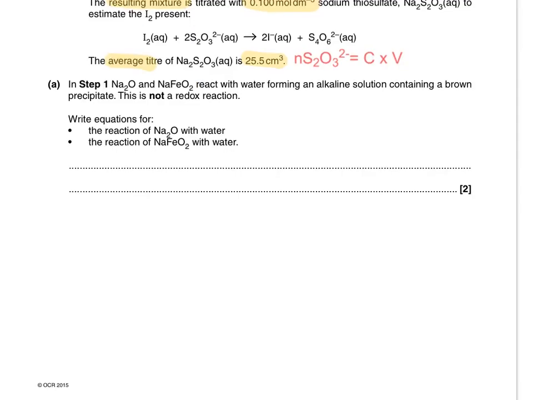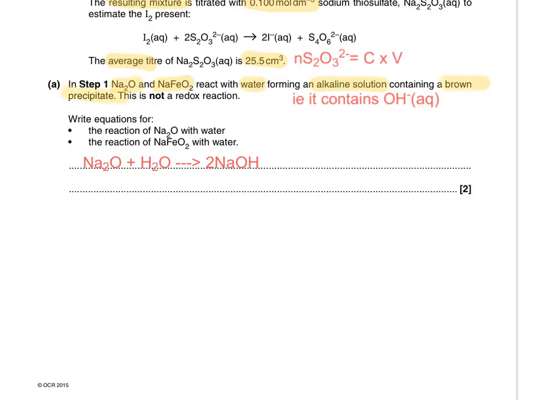In step 1, Na2O and NaFeO2 react with water, forming an alkaline solution. So from AS you should be thinking instantly that it contains OH minus. So no surprises on the first one. Now the second one, we need to go back and have a little look at step 1 again, or at least what they tell us here.